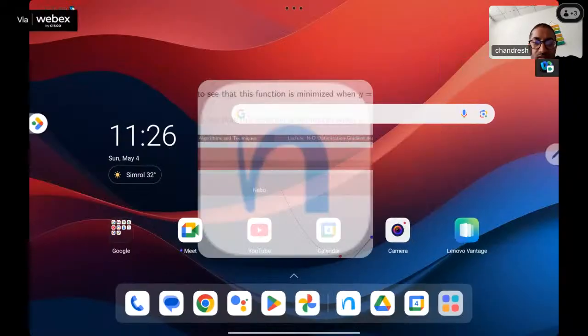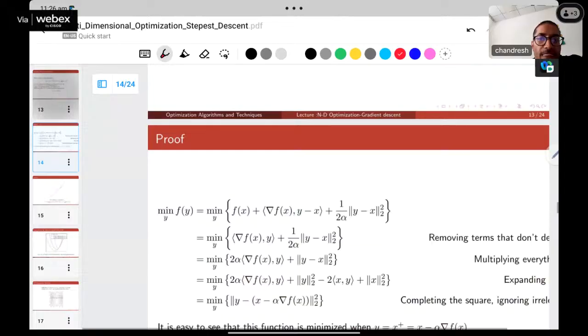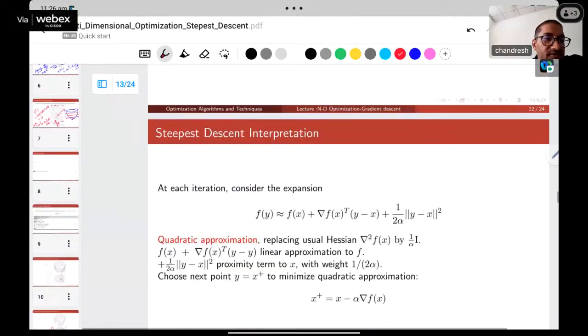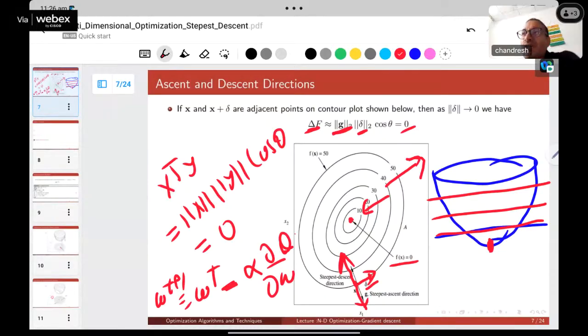So we were on this slide, right? I think that part is clear, right? Why we are going in the negative direction and why we are going to the center. Why we are going to the center, in a moment I'll talk about that.